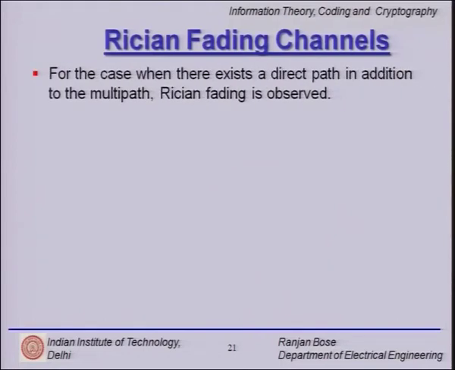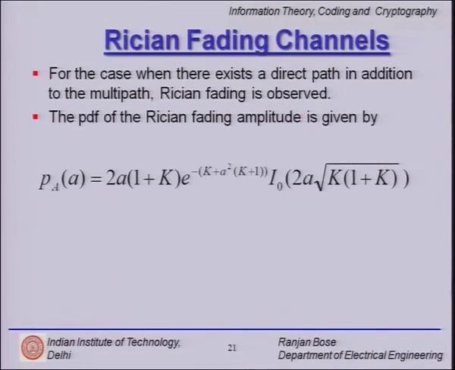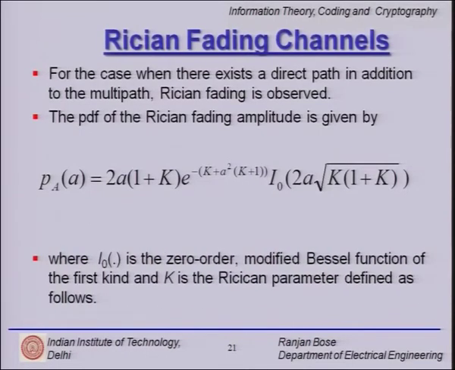For the case where there exists a direct path in addition to the multipath, Rician fading is observed, and the following expression gives the PDF of the Rician fading. Now, K is the Rician fading parameter, and we will define it shortly, and I_0 is the zeroth order modified Bessel function of the first kind.